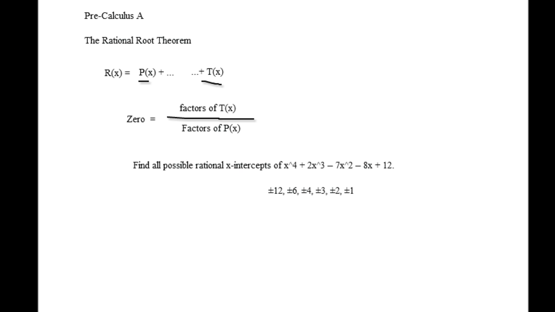That would be all of the possible numerator possibilities I would have on top, and then on the bottom I would obviously have just plus or minus 1. That would be the possibility.